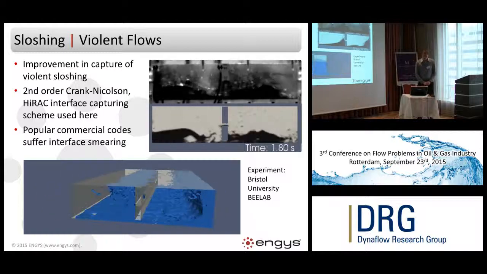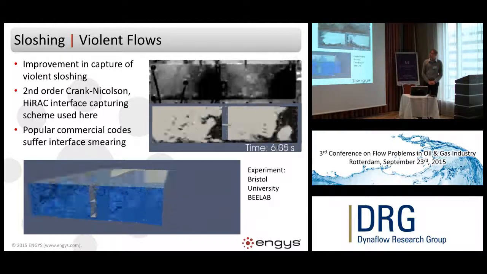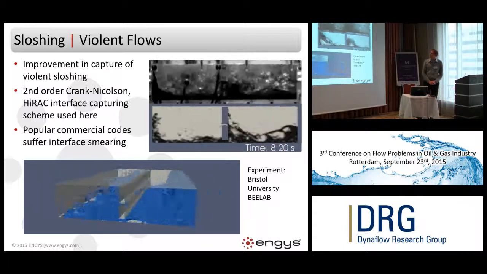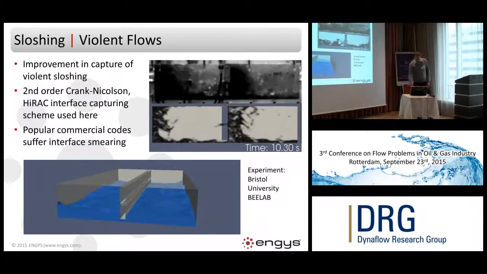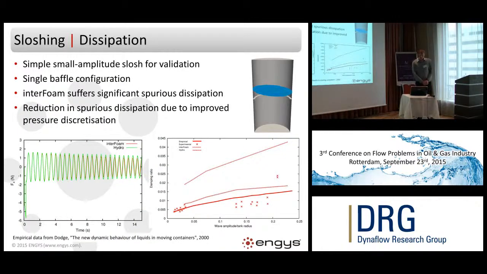Just to show, for this case here, a direct comparison between experimental results and numerics. Then looking at a much simpler, much less violent sloshing type of problem, just for validation purposes, a single tank with a single baffle configuration.